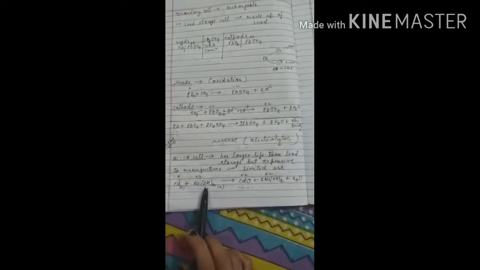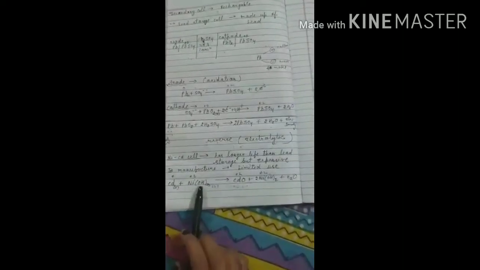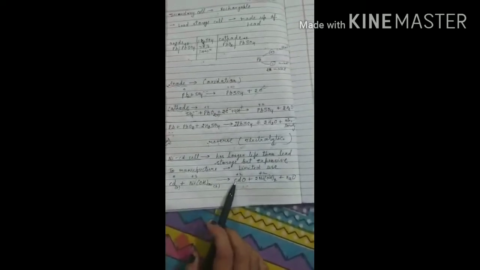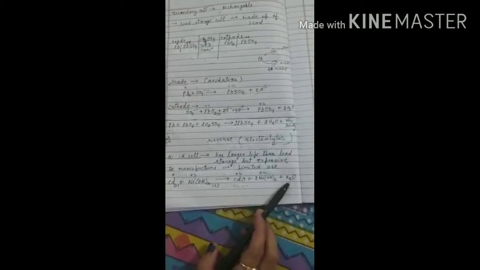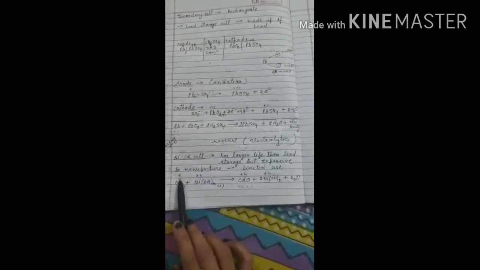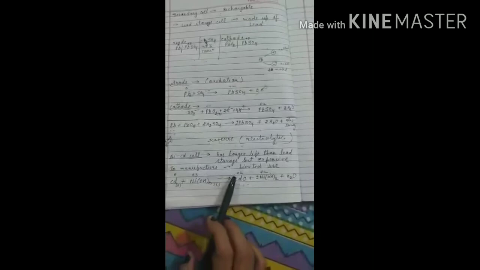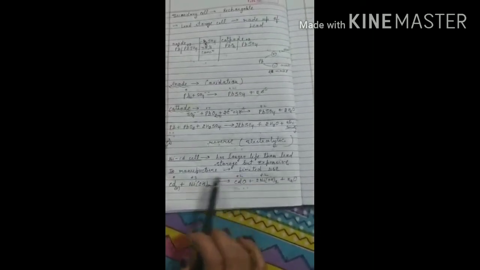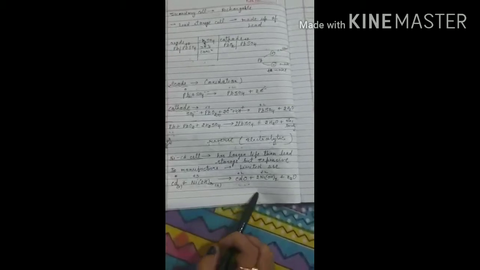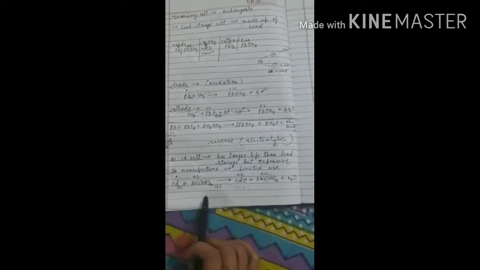Cadmium reacts with nickel trihydroxide, converting into cadmium oxide and nickel dihydroxide, and H2O is produced. Cadmium's oxidation state goes from 0 to +2, and nickel from +3 to +2. So reduction takes place here and oxidation here. This is also an overall redox reaction.